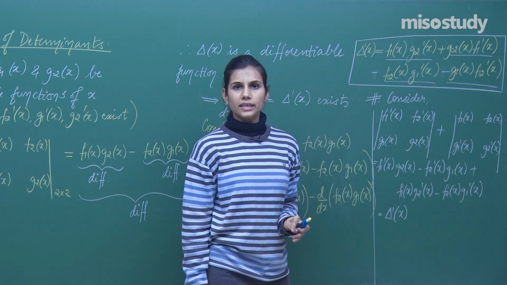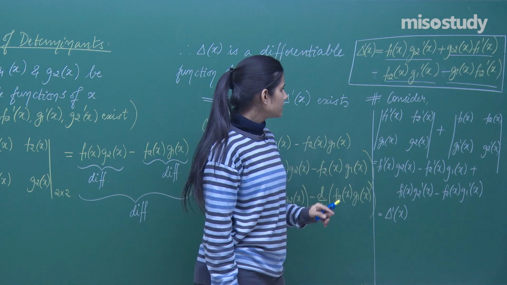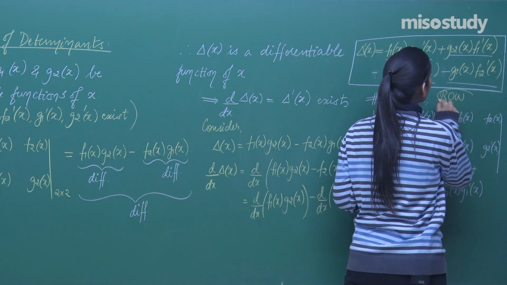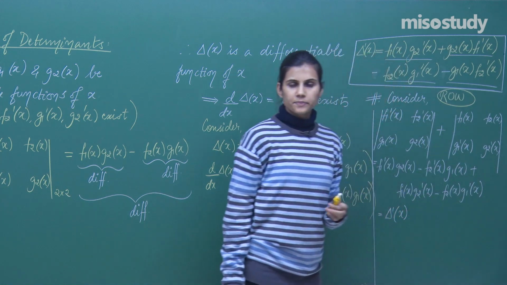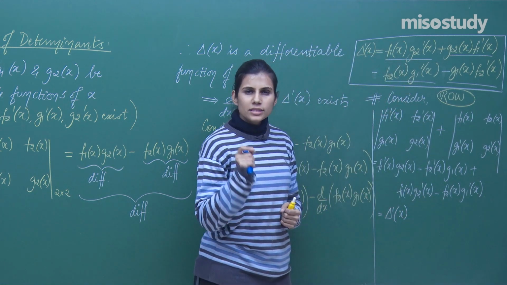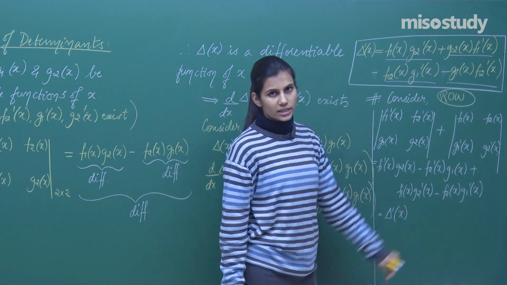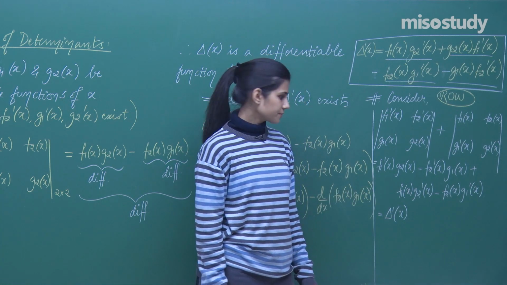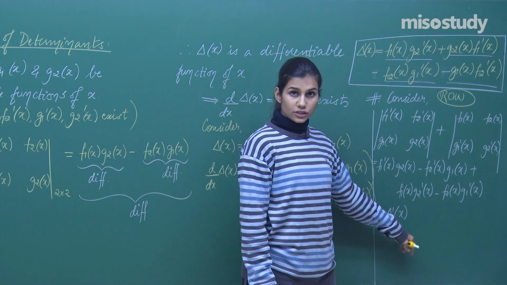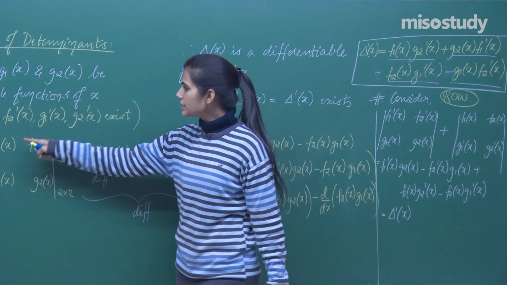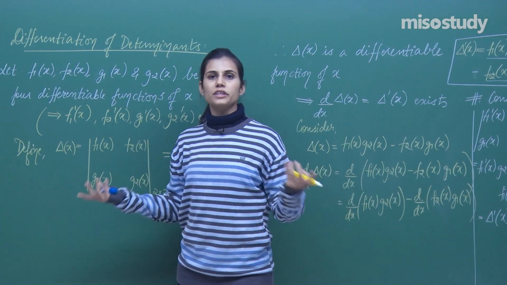So one thing is very clear, that if I focus upon the rows of delta x, then by following this simple small rule, I can very easily obtain delta dash x. What is that rule? If delta x is differentiable, and here it is differentiable because the 4 entries that it consists of are all differentiable functions.